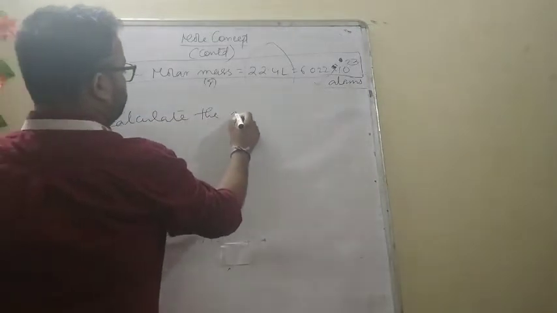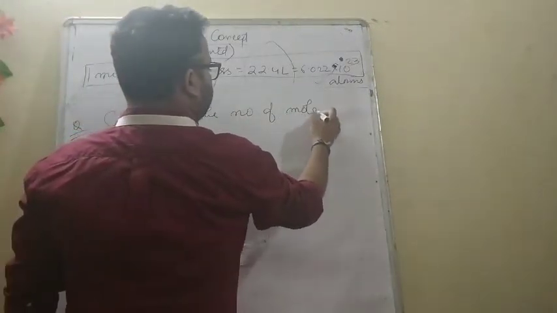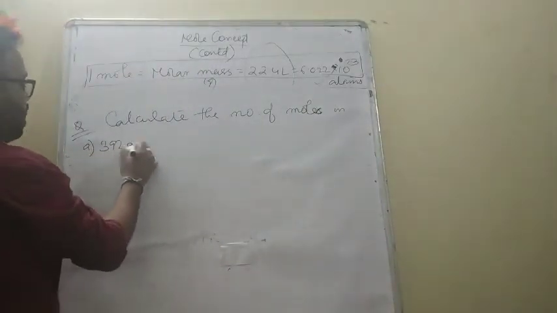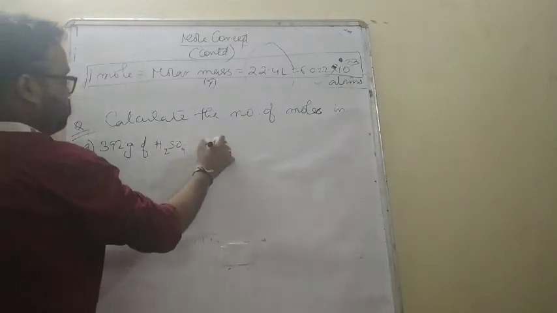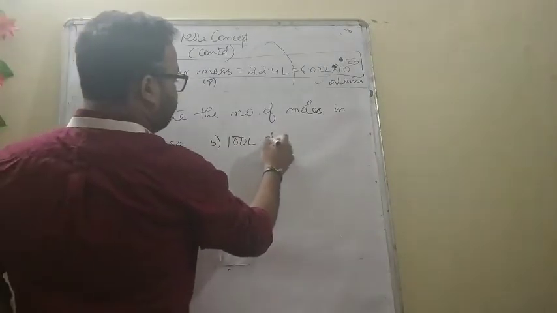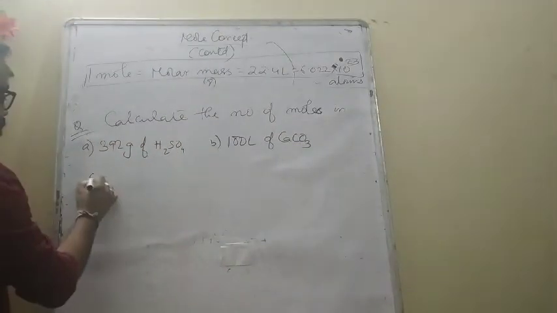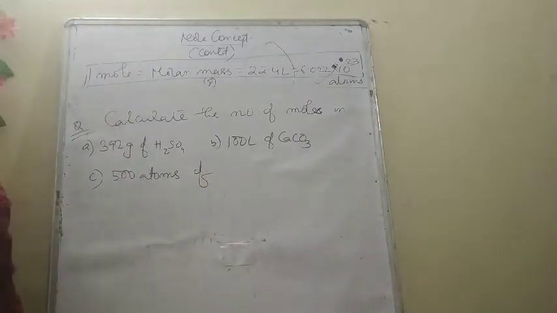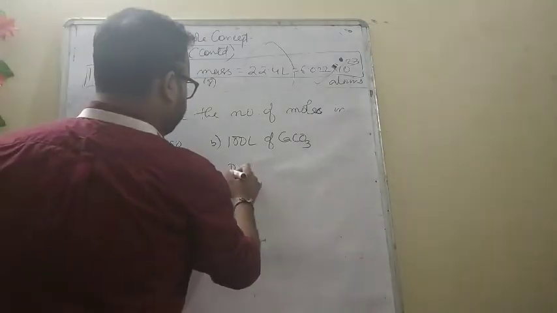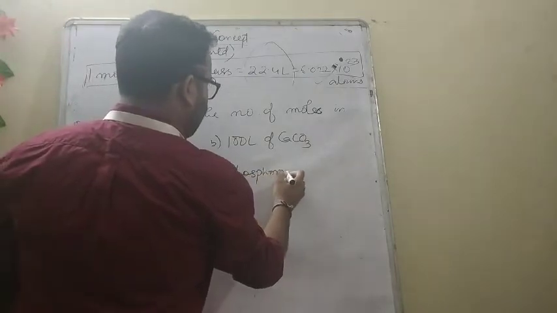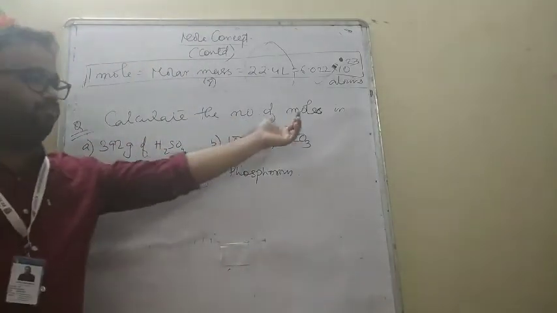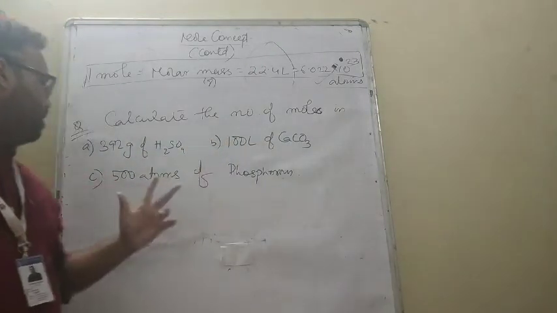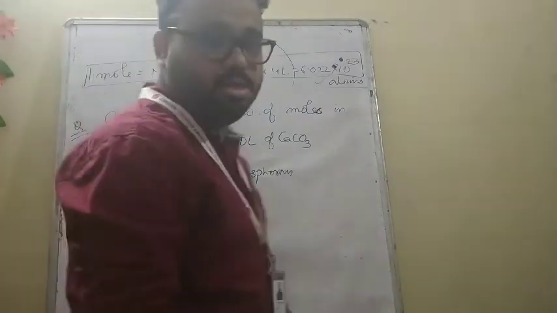Now suppose calculate the number of moles in number A 392 gram of H2SO4, number B 100 liter of calcium carbonate, number C 500 atoms of, suppose you take phosphorus. क्या निकालने बोला है?